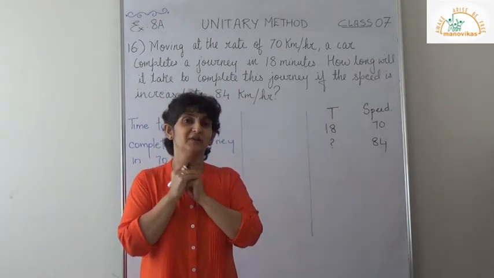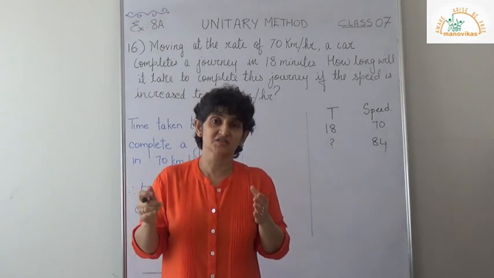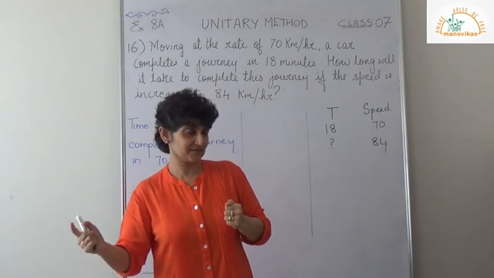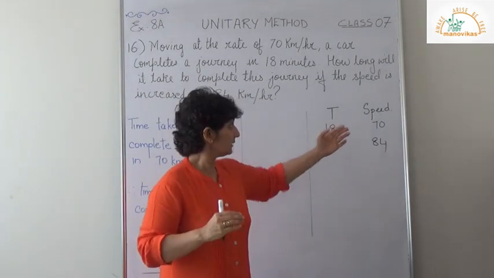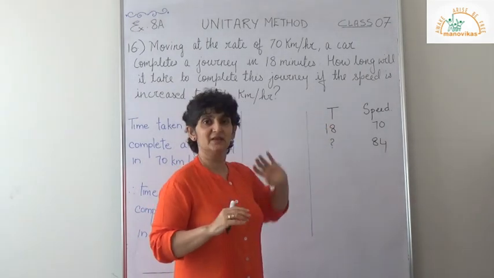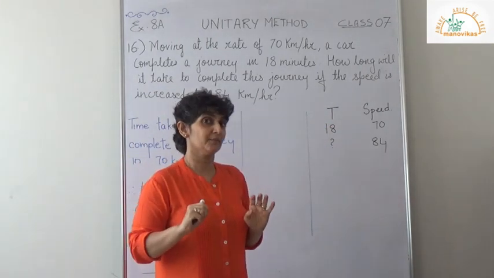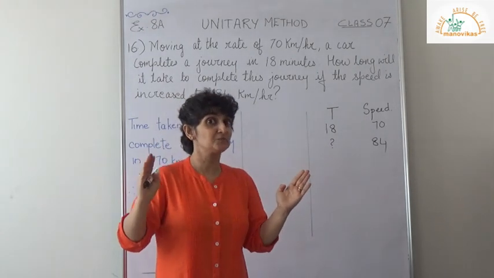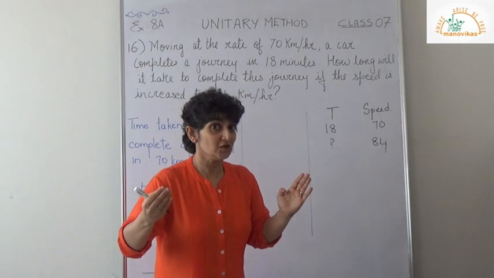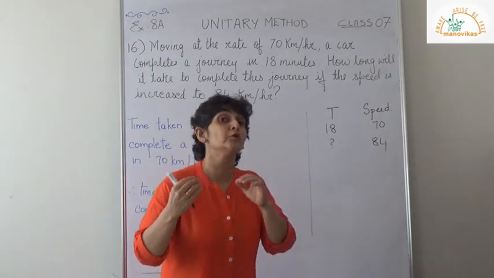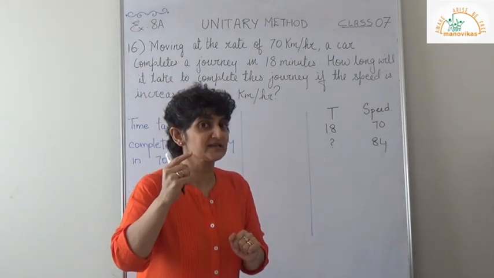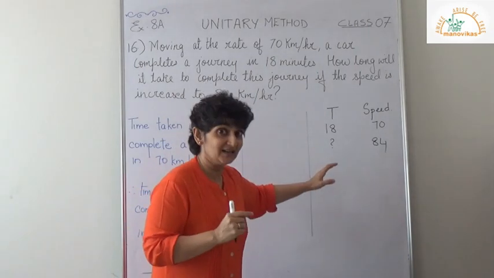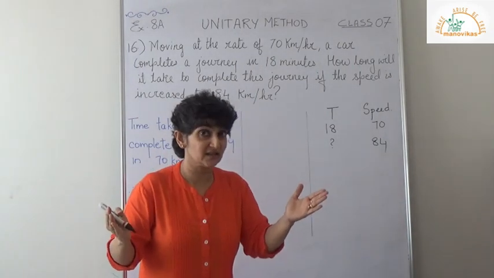Now, children, for example, if I say, let's take the distance from school to your house. Alright? Now, if your daddy takes generally 18 minutes with 70 kilometers per hour. The distance from school to your house is the same, but he speeds up a little faster. So, will you reach early or will you reach late? You will reach early, right? The distance is the same, nothing changes.